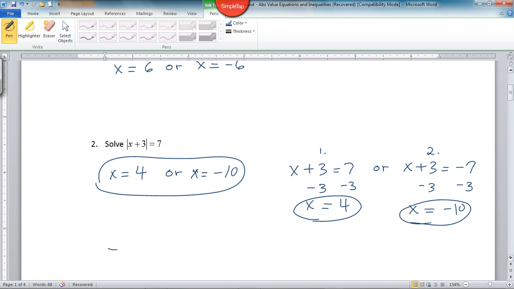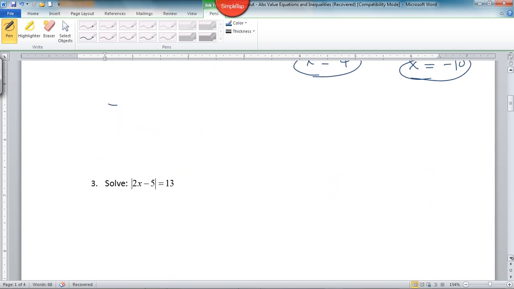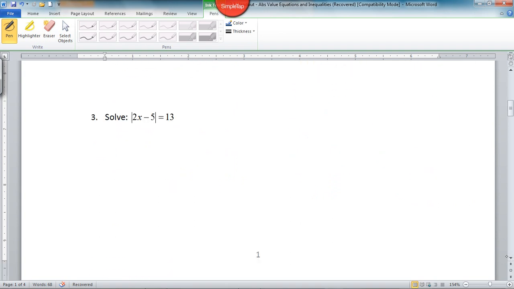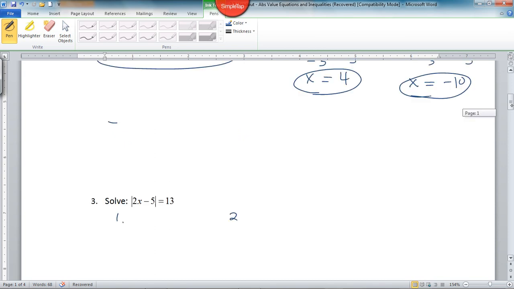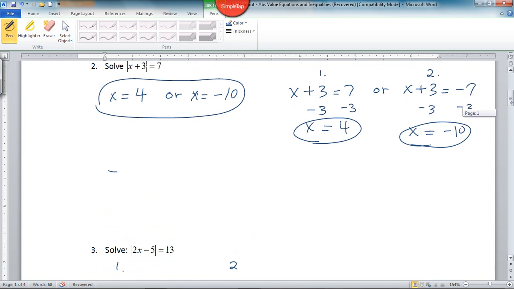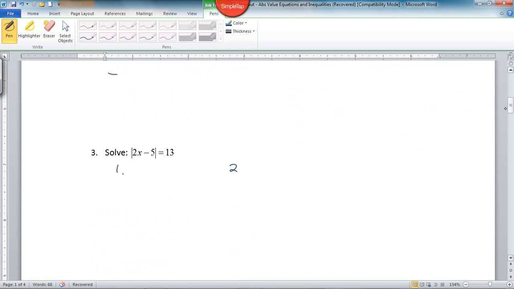Let's look at another one here then and use that system. As they get more complicated, this one is the absolute value of 2x minus 5 equals 13. Well, we saw there are going to be two equations that we need to write. And remember what they were. The first one was just to set the expression equal to the number that it equals.